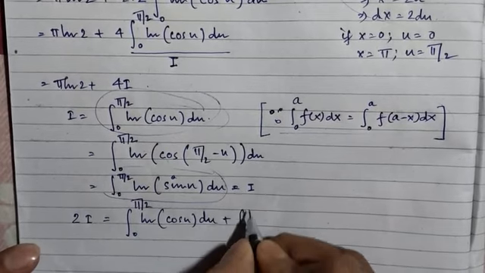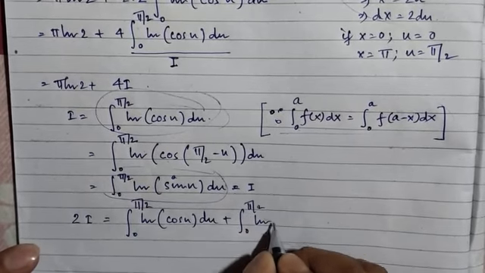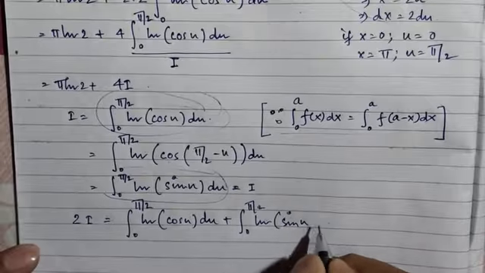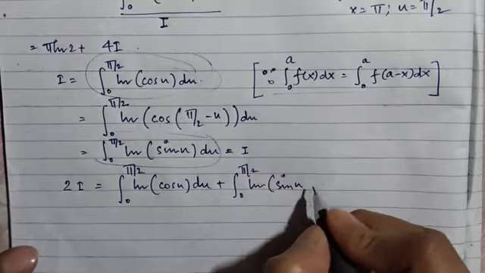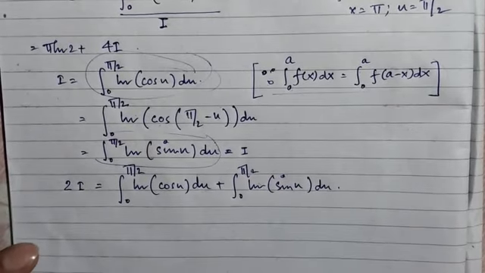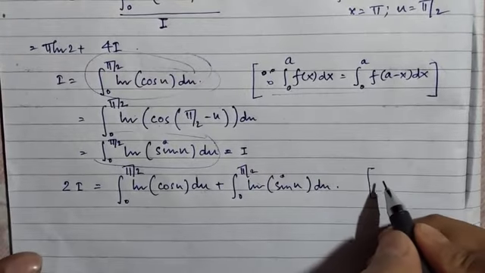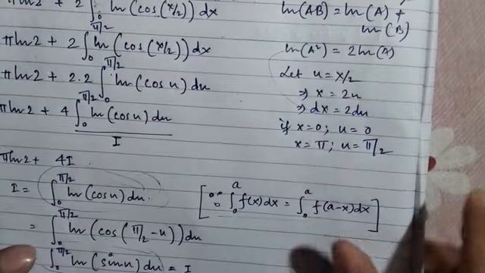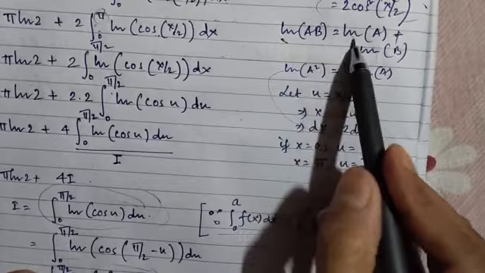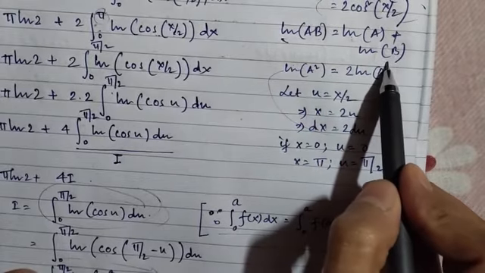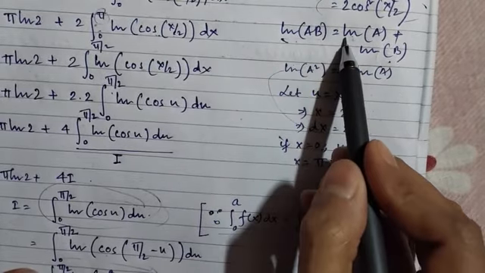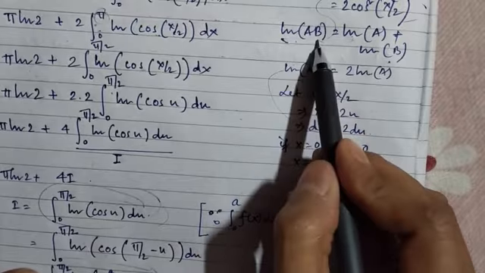plus 0 to pi by 2 ln sin u du. Now over here, if you see this formula, ln of ab equals ln of a plus ln of b. We derived ln of a plus ln of b from ln ab.